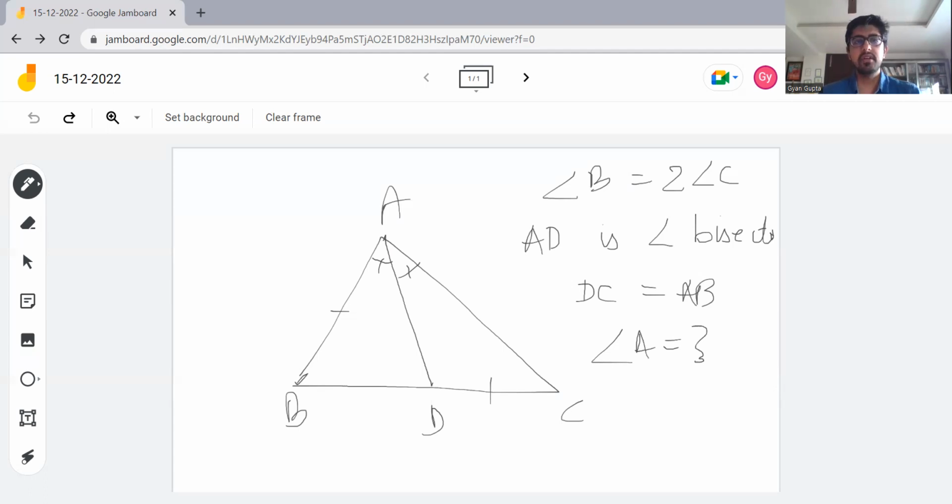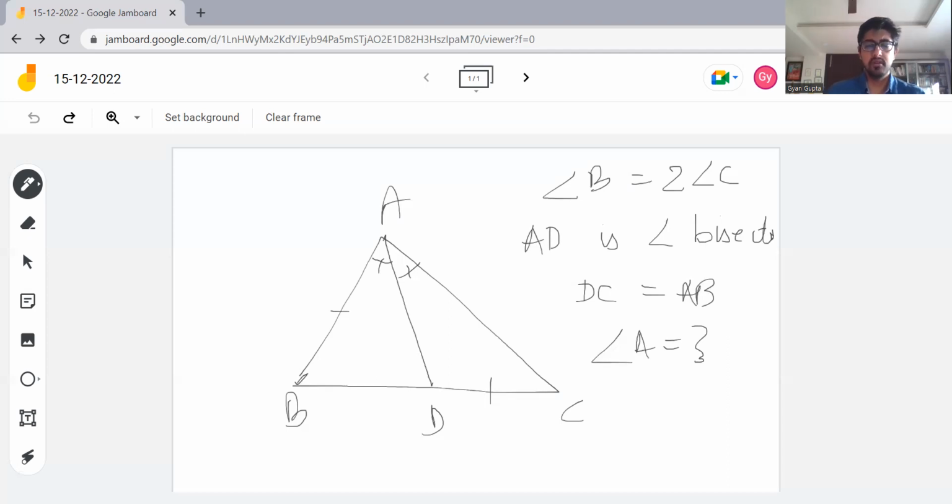As per the diagram that I drew, doesn't it somewhat look like ABD is an isosceles triangle? It does. It always helps to draw such diagrams to scale as much as possible so that we get a starting point to start solving the question.